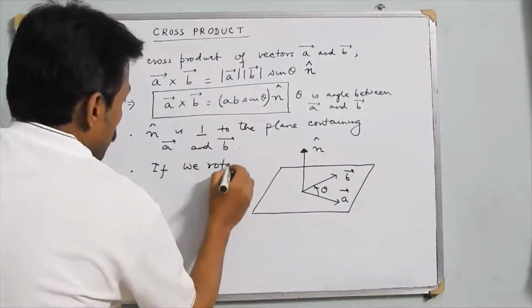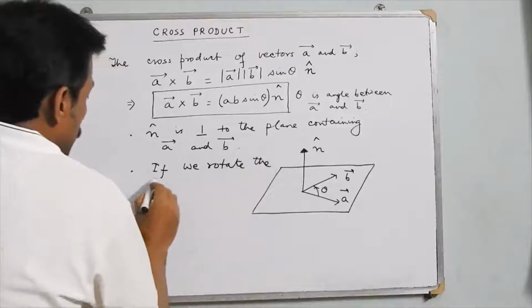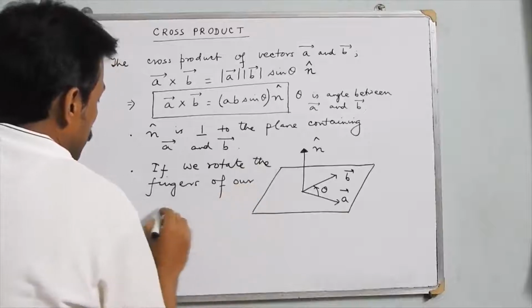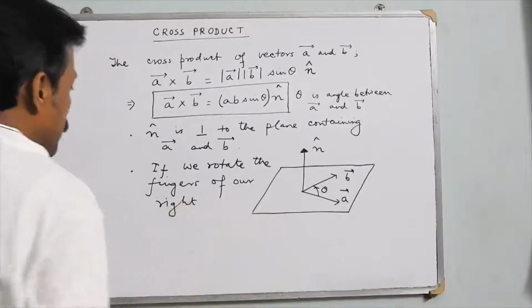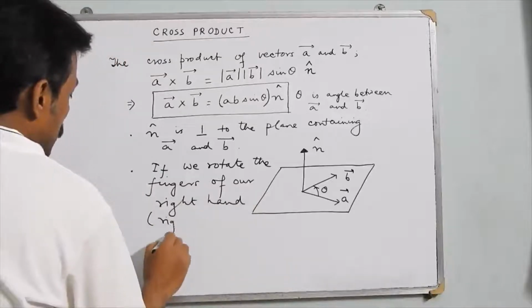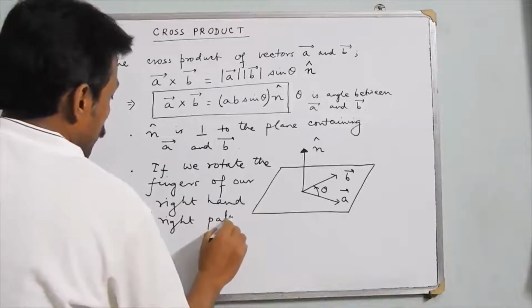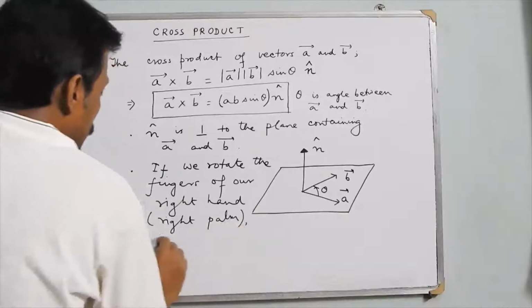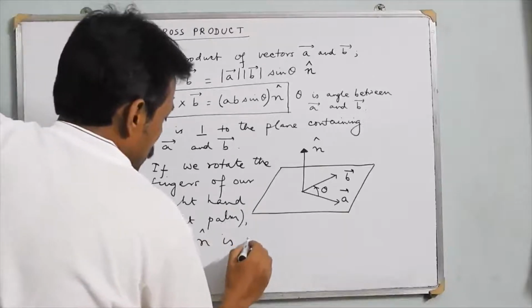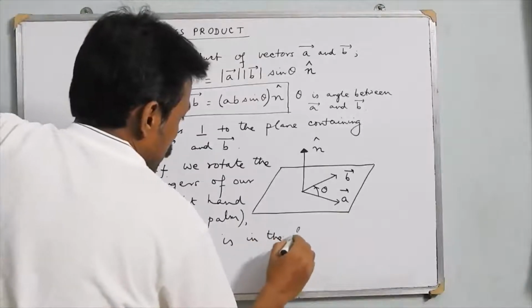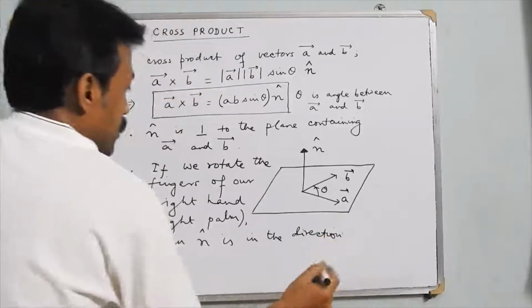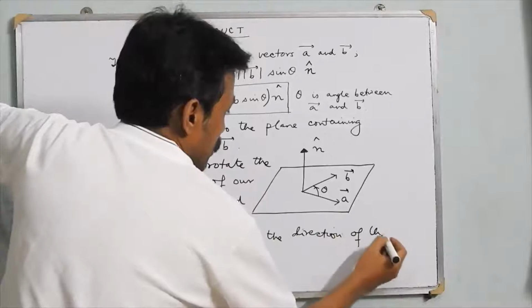If you rotate the fingers of our right hand, to be precise, right palm, you can say, then n hat is in the direction of the thumb.